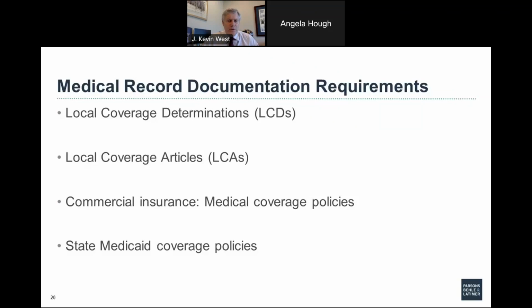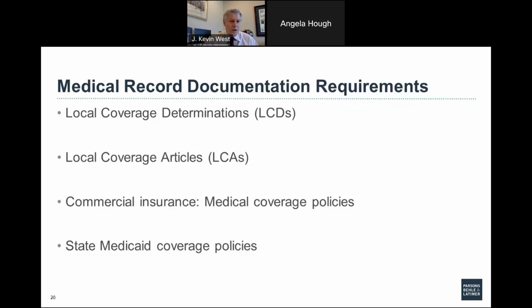So any provider who is working in these arenas, Medicare, Medicaid, or commercial insurance, if they are not familiar with these documents that apply to their specialty area, they are proceeding at great risk, because odds are they are not going to be satisfying the criteria. And most providers, it's good to know, are familiar with these documents, but I still go into offices frequently where I ask the doctor, are you familiar with your LCD for your particular jurisdiction?